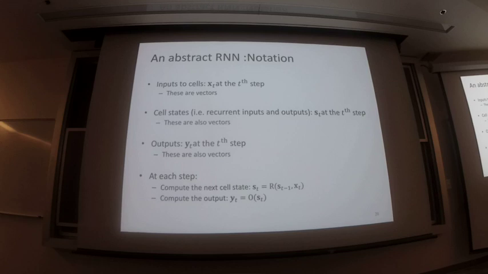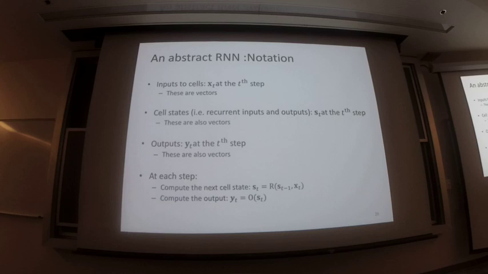And also at every fifth step, we produce the cell states. That's our recurrent input and output, and those are vectors as well. And at every step, we produce the outputs, which are also vectors. So those are the three things we have to know.